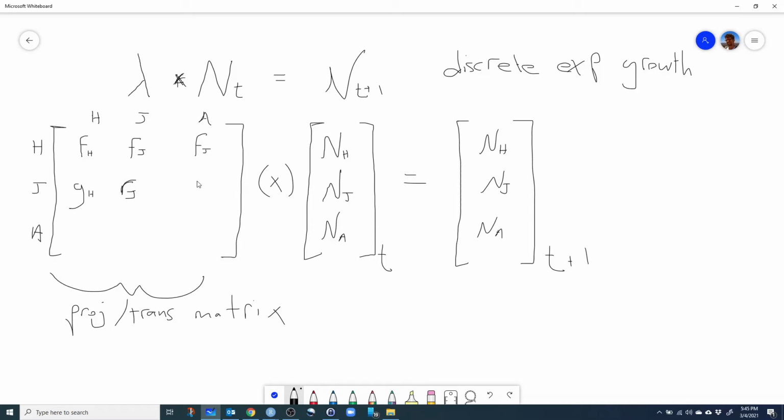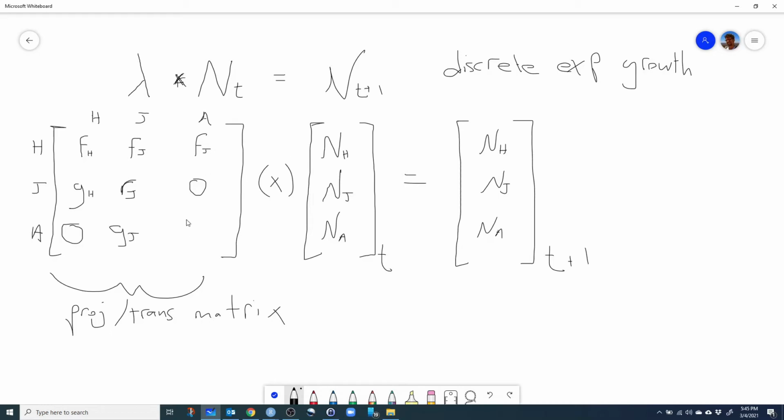This is 0 because adults can't go backwards and become juveniles. The hatchlings cannot grow into adults, so I'm going to put a 0 there. Juveniles may be able to transition to adults, and that is a growth. It's the growth of juveniles: juveniles this year transitioning into the adult class next year, right?